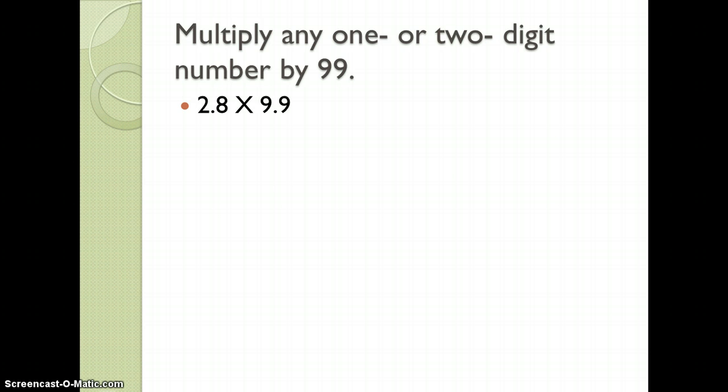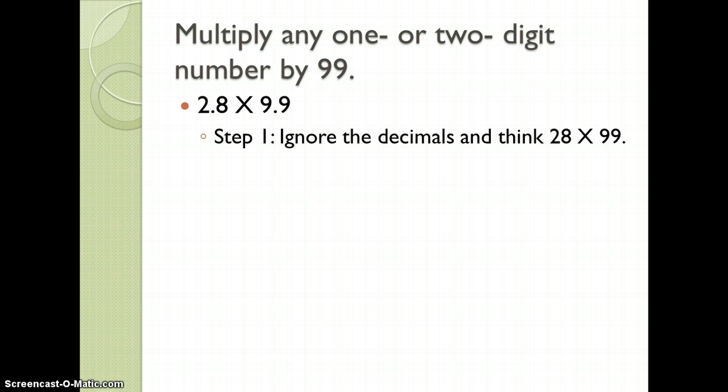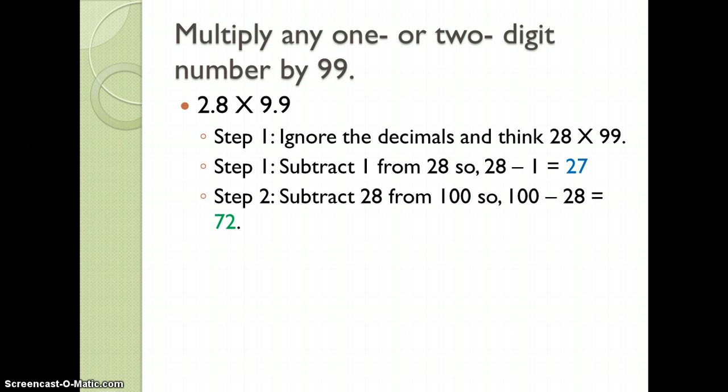Let's think of 2.8 times 9.9. Again, this rule works when we multiply by decimals, so let's ignore the decimals for now and think 28 times 99. So we're going to subtract 1 from 28, so 28 minus 1 is 27. Then we'll take 28 from 100, so 100 minus 28 is 72.